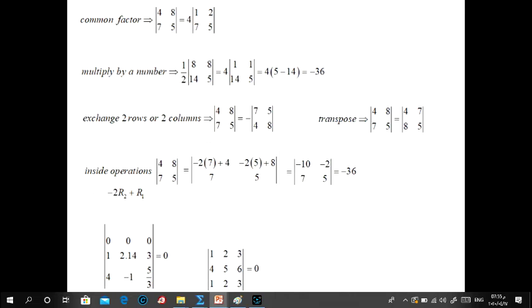Because it is a mix between the case of the 0 and the case of the inside operations, because I can multiply the third row by negative 1, then add it to the first row, so the first row will be 0, 0, 0, and of course only one row or one column being 0 is enough to make the whole determinant 0. Do you understand? So if two rows or two columns are equal, then the final value is 0.